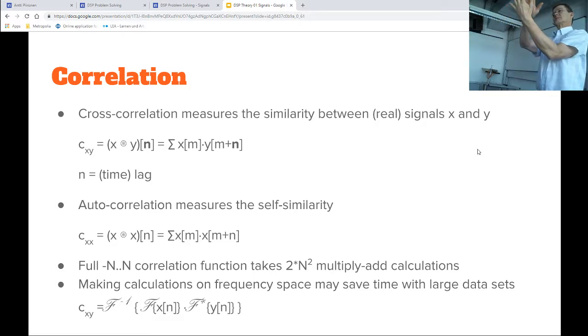On each of these, you multiply the terms and then calculate the sum. Where everything is matching, you have a high number, and when you calculate the sum, you get the highest peak. Very high correlation when you have the time lag 0.